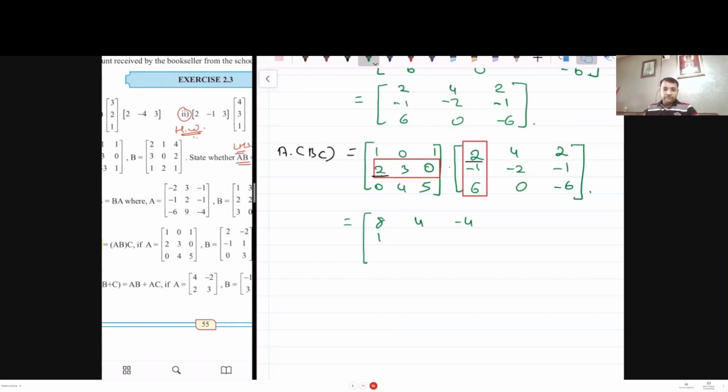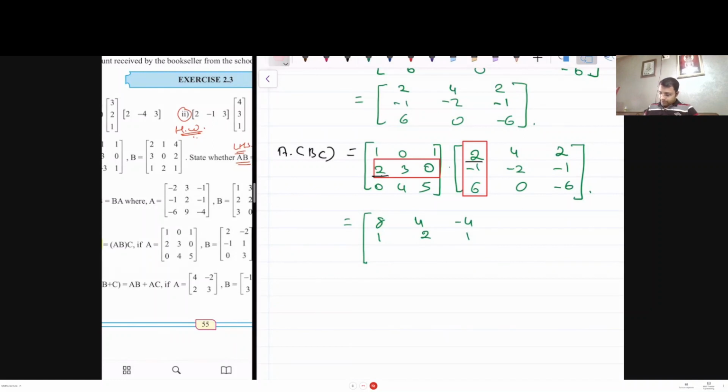So 2 into 4, that is 8 and 3 into minus 2, that is minus 6 and the last is 0 already. So what do we get? 4 into 2, 8 and minus 6, so that is 2. For the next, 2 into 2, that is 4, 3 into minus 1, that is minus 3 and then the last is 0. So 4 minus 3, that is 1.